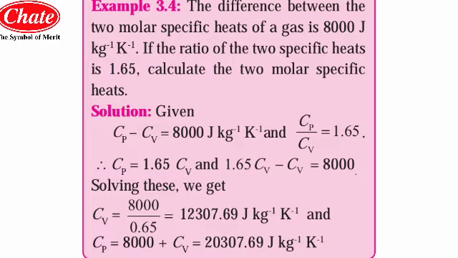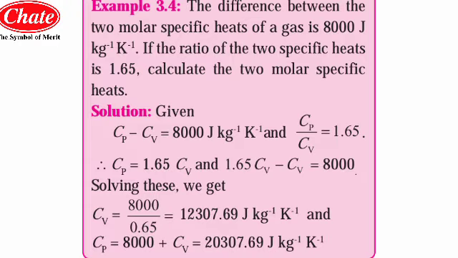Which equation? Cp minus Cv is equal to 8000 joule kg raised to minus 1 Kelvin raised to minus 1, the equation we have written first. So we put the value of Cp into it, then we will get 1.65 into Cv minus Cv is equal to 8000. So this will be the form of the equation.